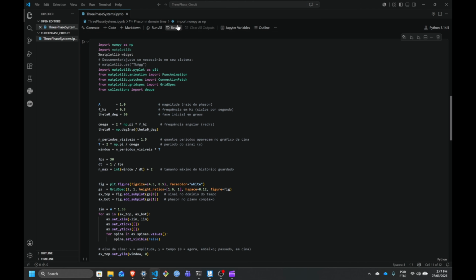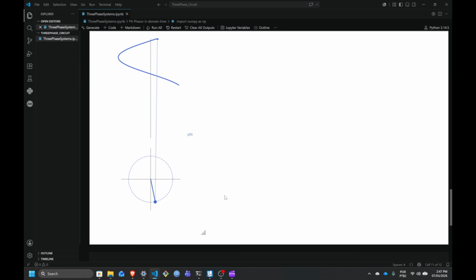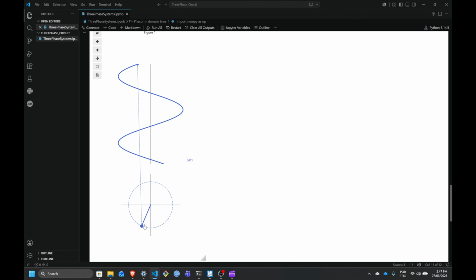Let me run everything again. So this is the idea of the phasor. The phasor is this one where we have the cosine and sine, and here we have the signal. It's the same thing, but this way we have a representation of the phasor.